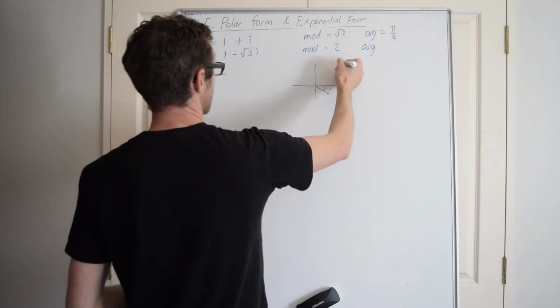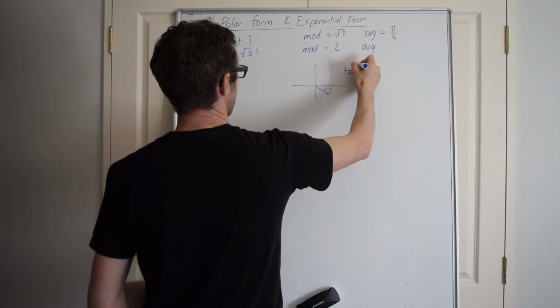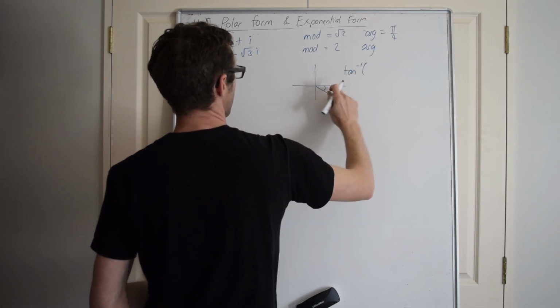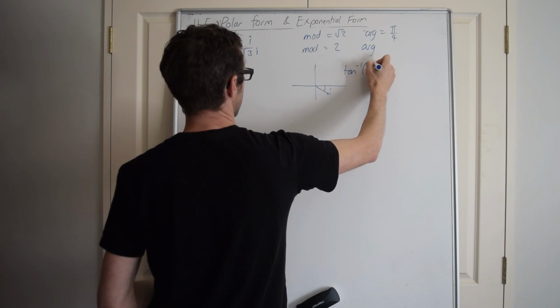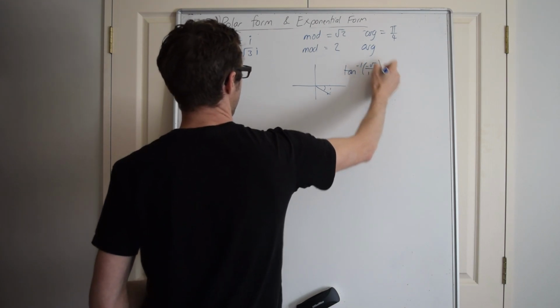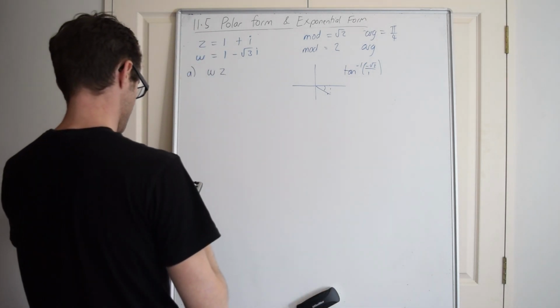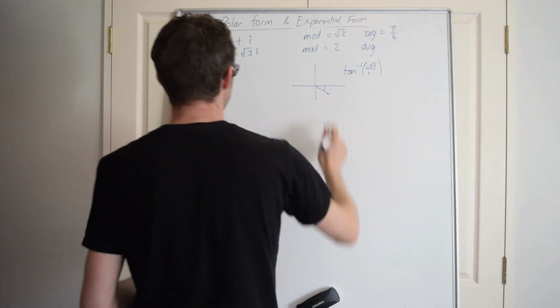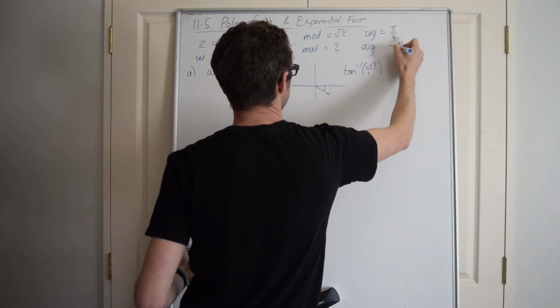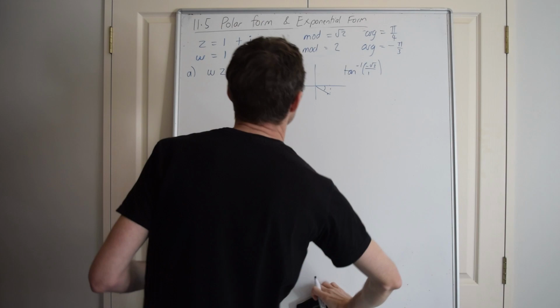So it's going to be inverse tan of minus square root 3 over 1. What does this give us? I'm getting minus pi over 3. Okay, so there we go.